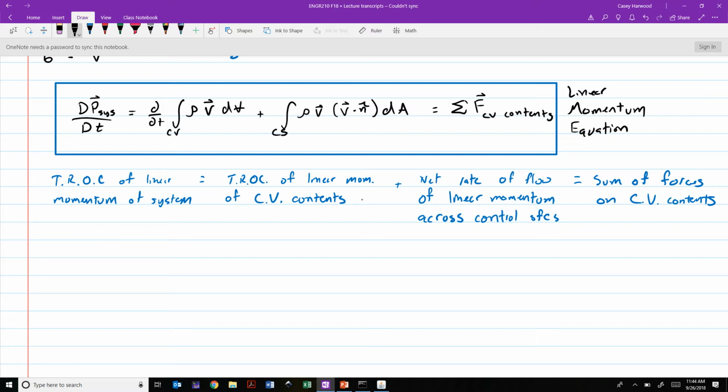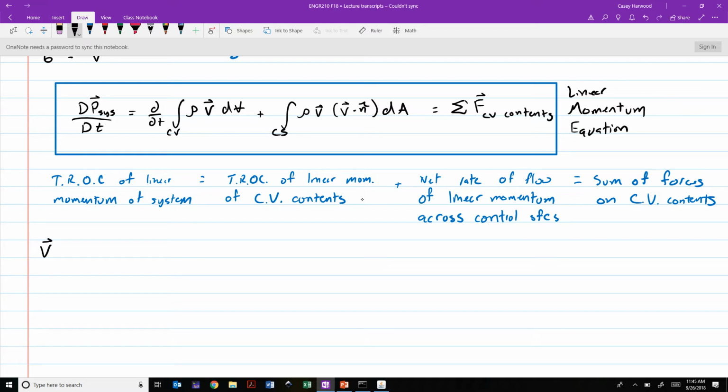Mass is mass, regardless of what direction you're looking at it from. Velocity doesn't have that going for it, or momentum doesn't have that going for it. So really, this vector quantity, the P and the V's that go into your equations, as well as the F that ends up on the right-hand side of the equation, these all have components in each of the coordinate directions of your coordinate system.